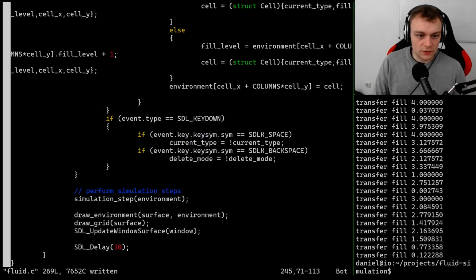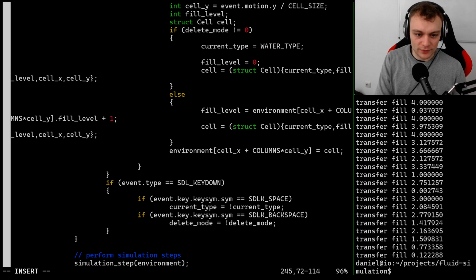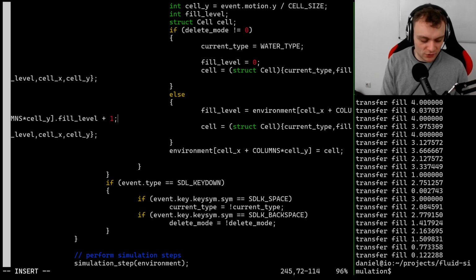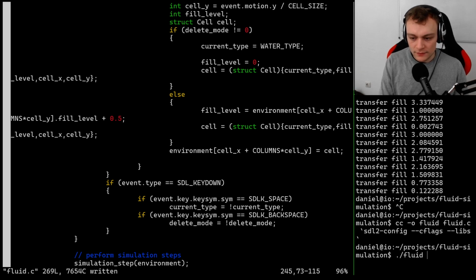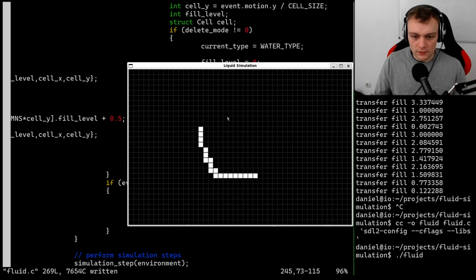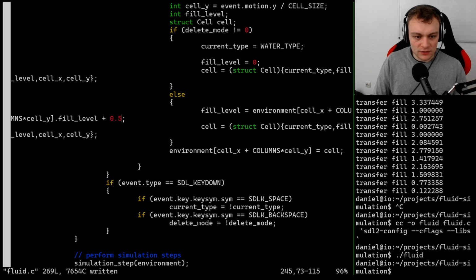Now we get it. Yeah, the behavior is logically correct, but it's physically a bit unrealistic. So I would like to adapt this a bit. Why doesn't it draw the fill level?